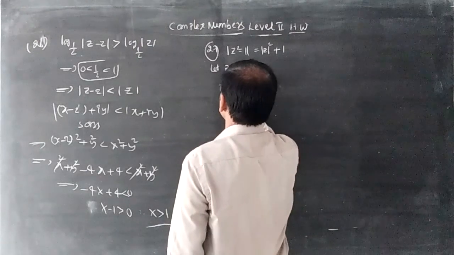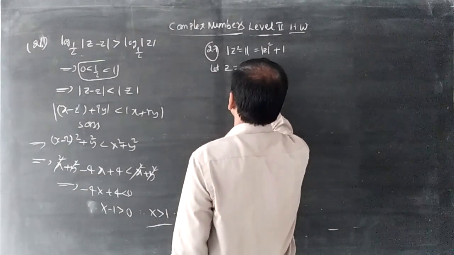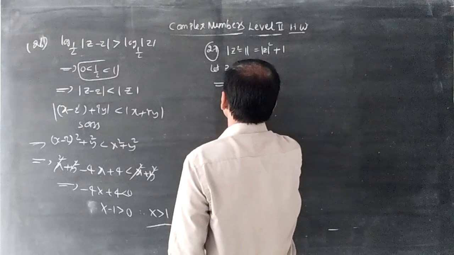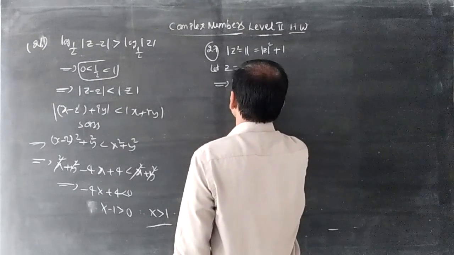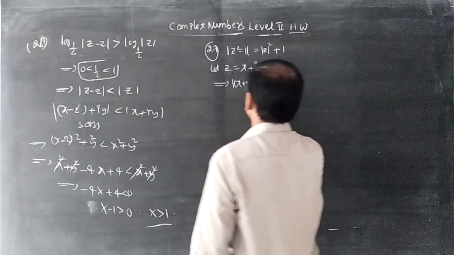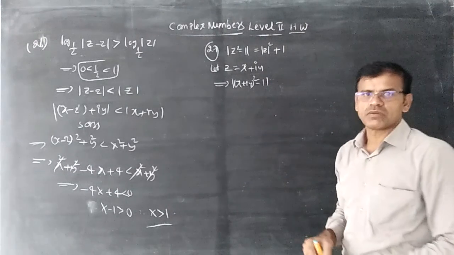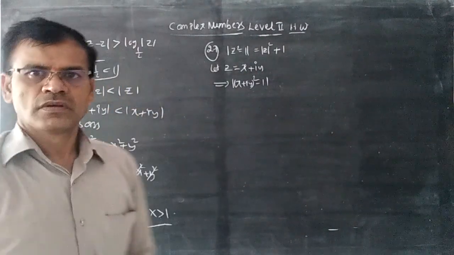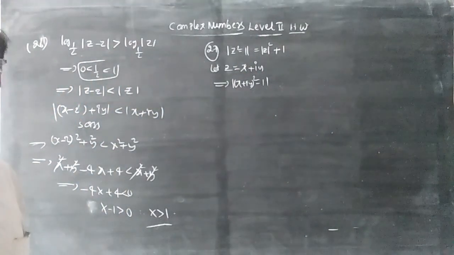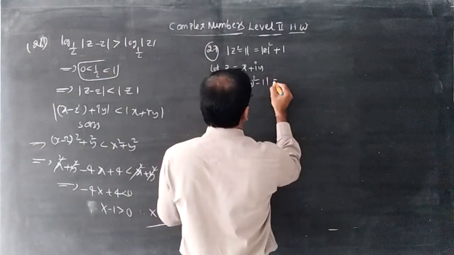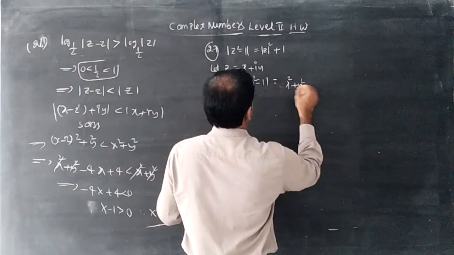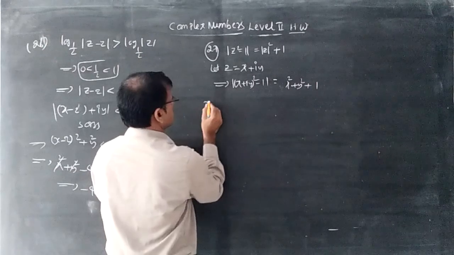Let z is equal to x plus iy. You can understand here, modulus of x plus iy whole square minus 1 is equal to x square plus y square plus 1.